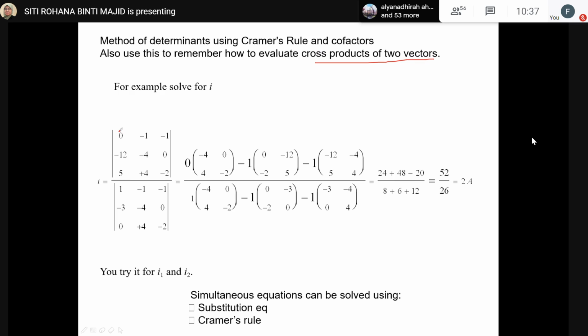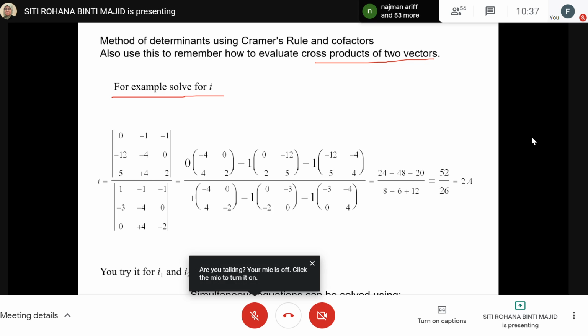For example, if we want to solve for I here, we have to know the determinant characteristic, and then you plug in the values at their own positions, and finally you will get the value of I.